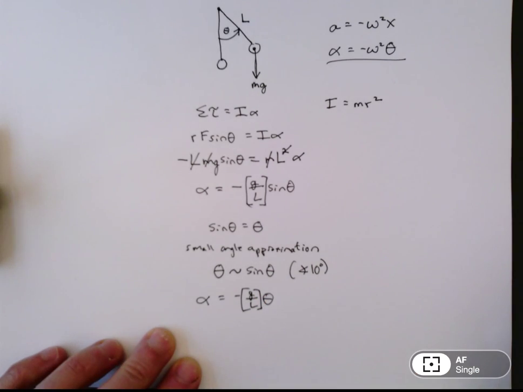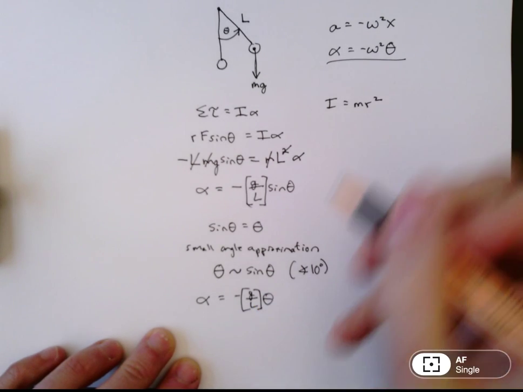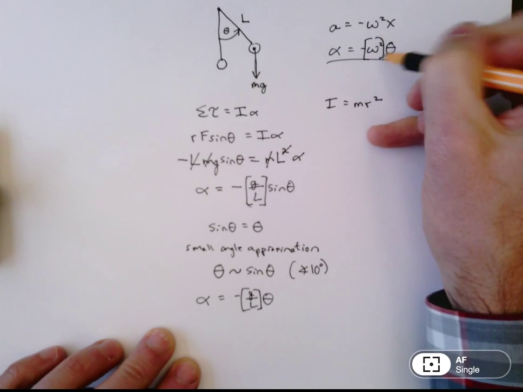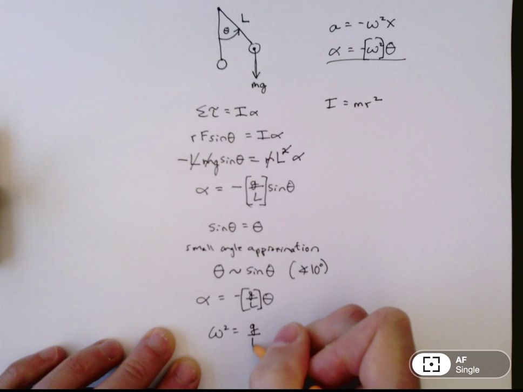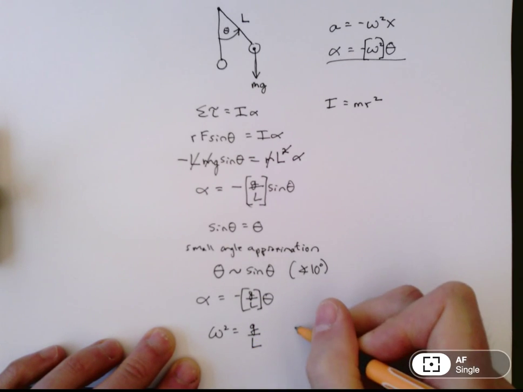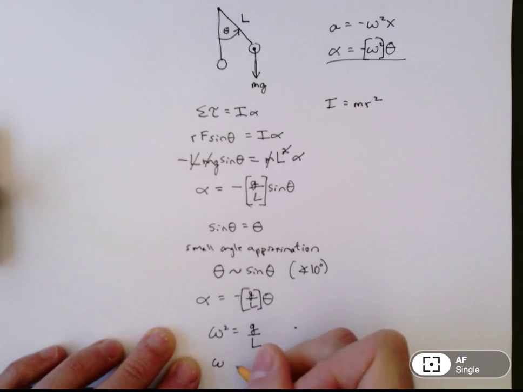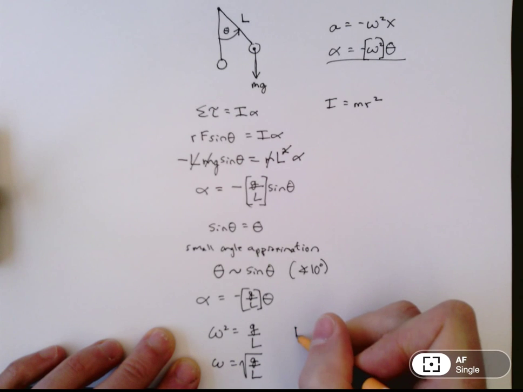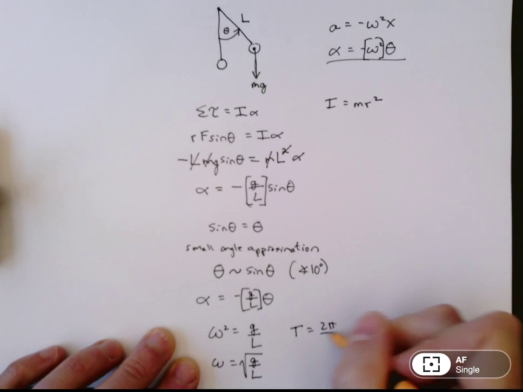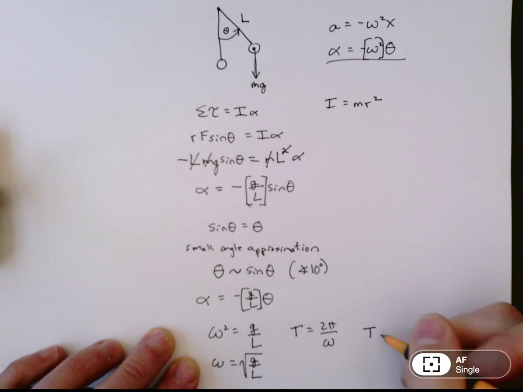And once I do that, this equation looks like this equation, and omega squared would be equal to g over L. And so that means omega is equal to the square root of g over L. And then relating that to our formula for period equals 2 pi over omega, we're going to end up with period equals 2 pi times the square root of L over g.